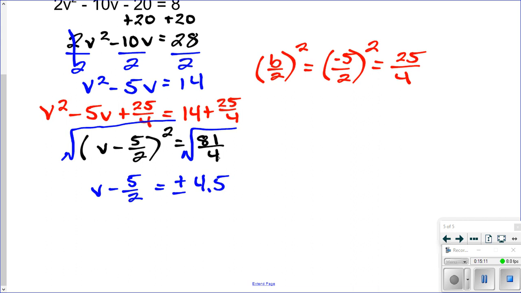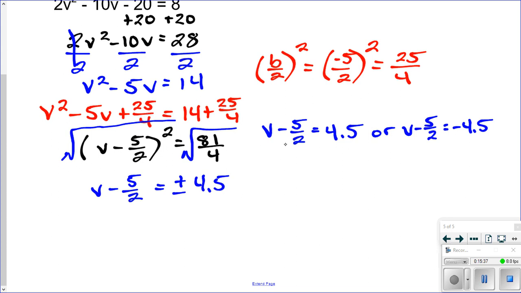Square root of 4 is 2. 9 halves is the same thing as 4.5. So now we're going to split this apart. So v minus 5 halves equals positive 4.5, or v minus 5 halves equals negative 4.5.